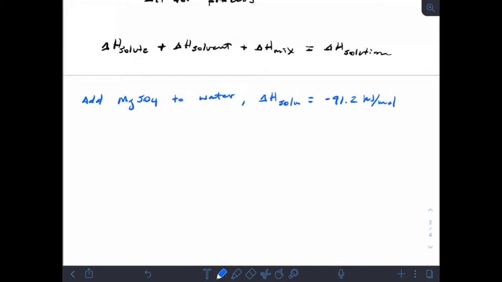Okay, so remembering the signs for enthalpy, a negative sign means that this is exothermic. Gives off heat.